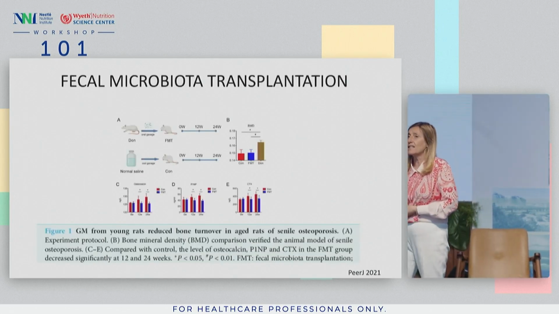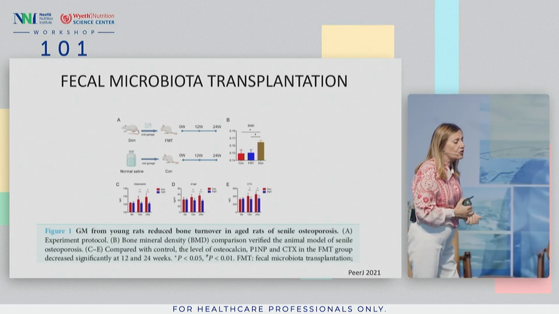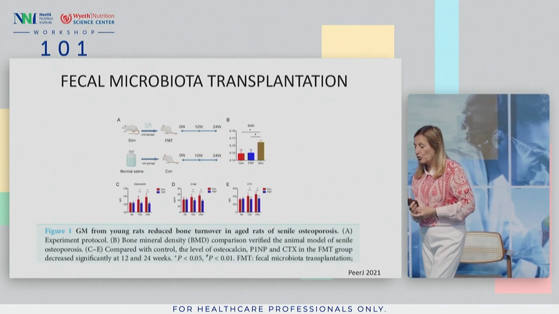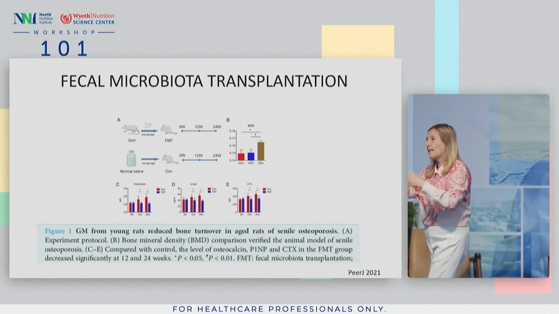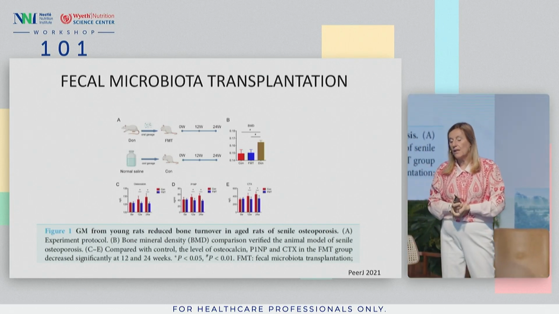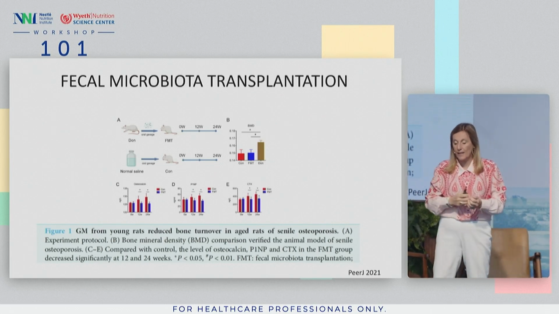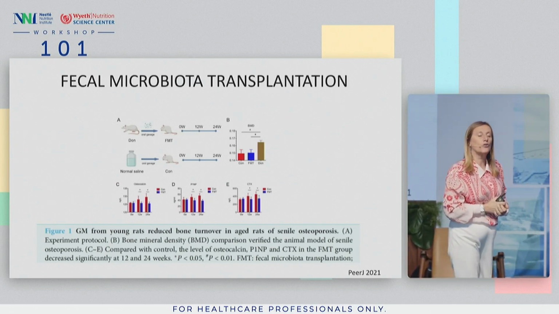And then the last is fecal microbiota transplantation. Of course, these are studies in animals. What they showed is that they took germ-free rats and transplanted some fecal microbiota, and they found that there was reduced bone turnover in osteoporosis.